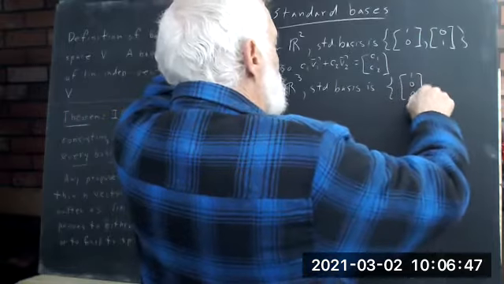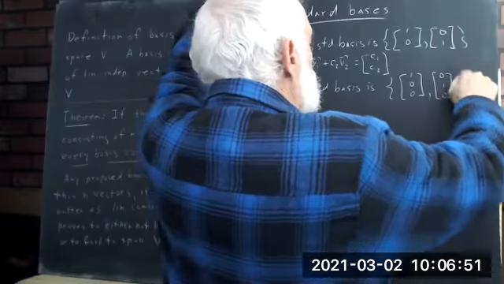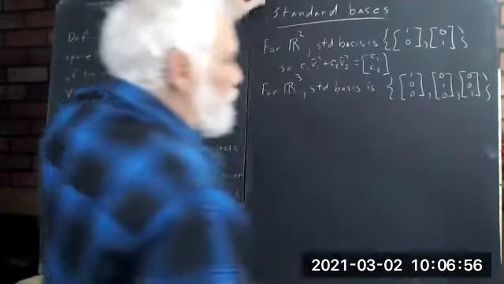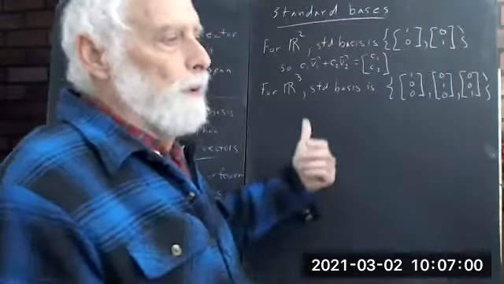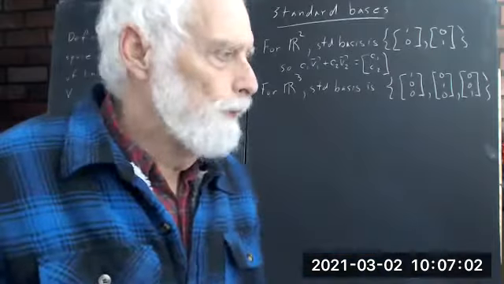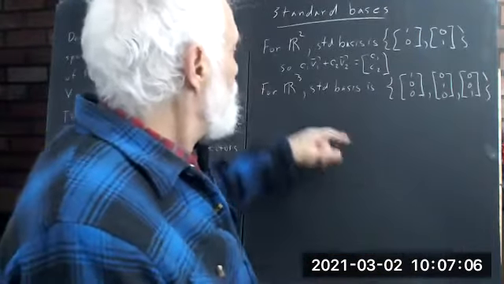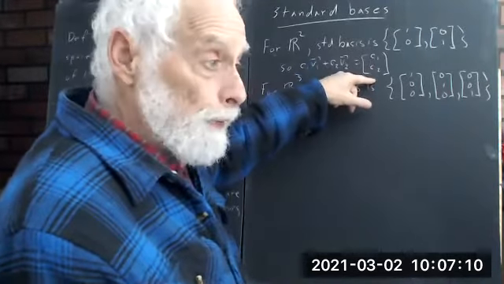R3. Here's a basis. Now you can work out what C1V1 plus C2V2 plus C3V3 is, and I suggest you do that. It's going to equal, you're just going to have a C3V3 on this, and you're going to have a C3 down here.